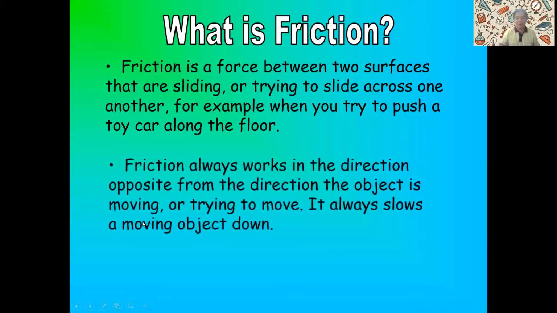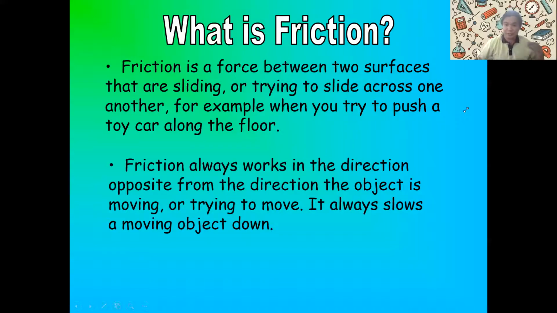Let's continue. Friction always works in the direction opposite from the direction the object is moving or trying to move. It always slows down a moving object. So if the force is going to the right, the friction is going to the left.